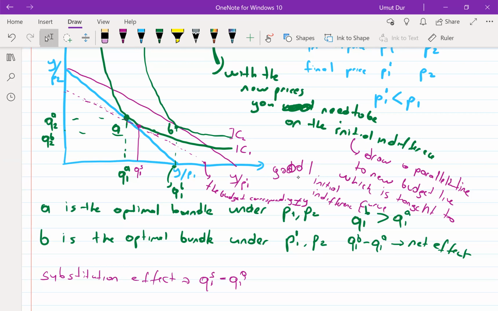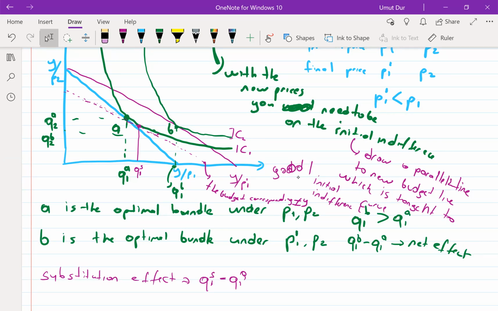Fakat orada değiliz. Ben burada sadece IC1, Initial Indifference Curve'ümün üzerinde olmak istiyorum. Yeni price'larla. Yeni price'lar bana sadece şu information'ı veriyor. Slope'una bak. Aynı yeni budget line'ın slope'uyla aynı olsun. Ve Initial Indifference Curve'ü kessin.